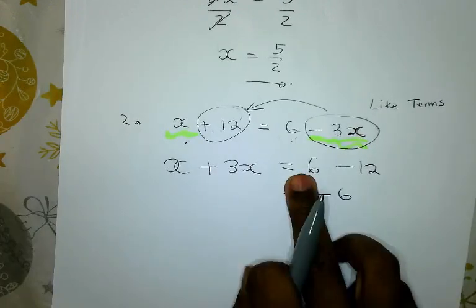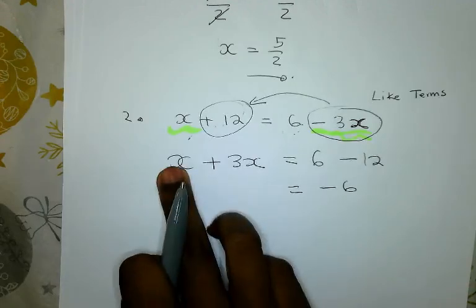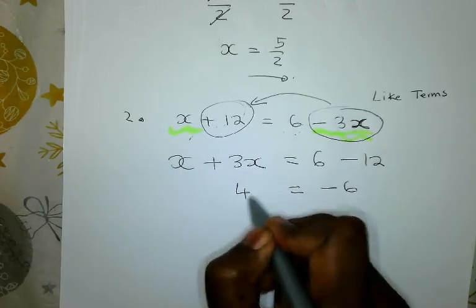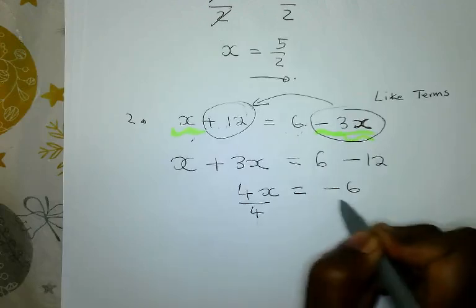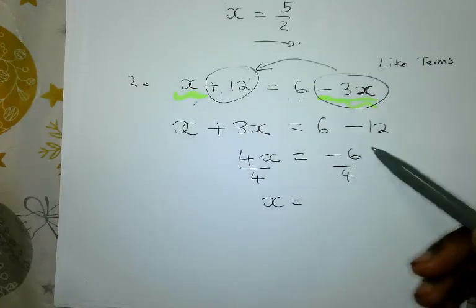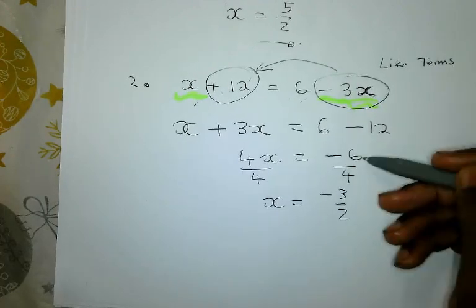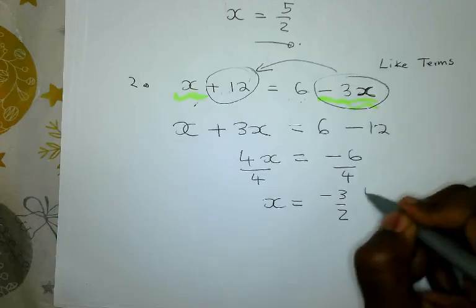So 6 minus 12 becomes negative 6. x plus 3x becomes 4x. Divide both sides by 4. x becomes negative 6 over 4, which simplifies to negative 3 over 2, because 2 can go into both of these. So that becomes our answer.